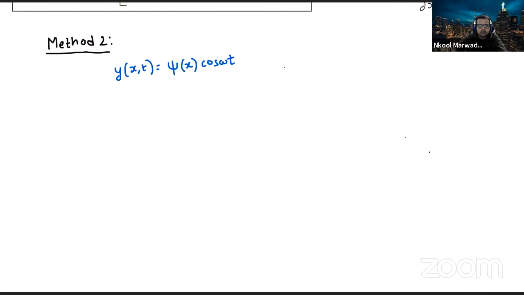Let me write it. Differentiating with respect to x. When I differentiate this with respect to x, I will get something like this.